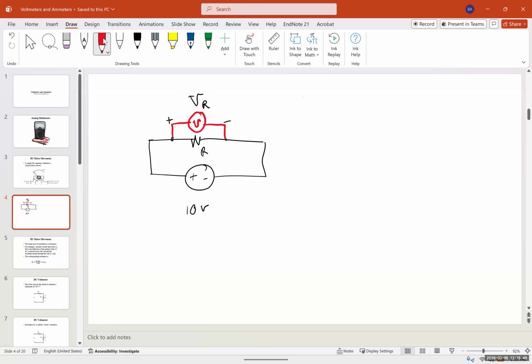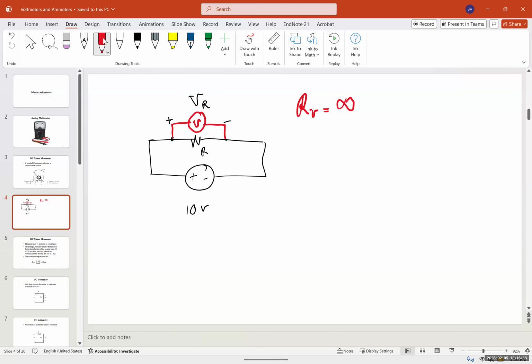What is the internal resistance of a voltmeter? Ideally it should be infinite. Why? Because if it's small, it's going to pass a little bit of current, and therefore you're going to have a drop in the current passing through the resistor, and a drop in the voltage, so you're not going to measure an accurate voltage. So ideally, we want it to be infinite.